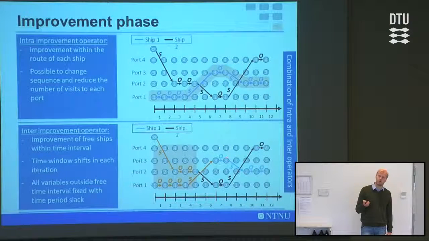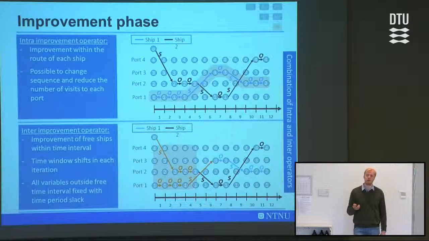Here we allow some slack in the operations, because it might be quite hard to have an operation exactly here when we start changing things inside. So we allow, for example, this to be 1 day before or 1 day after. Then we solve this problem on a much smaller time period than the original one. If we get an improvement, we try to do this again and then again until we don't find any improving solutions.